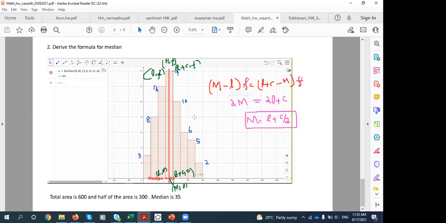So try changing the frequencies a little bit and see what happens. Because when you are trying to derive a formula, you need to take the most general situation. And you don't try to make your life easier by tweaking and making things simpler. So, is that part clear?